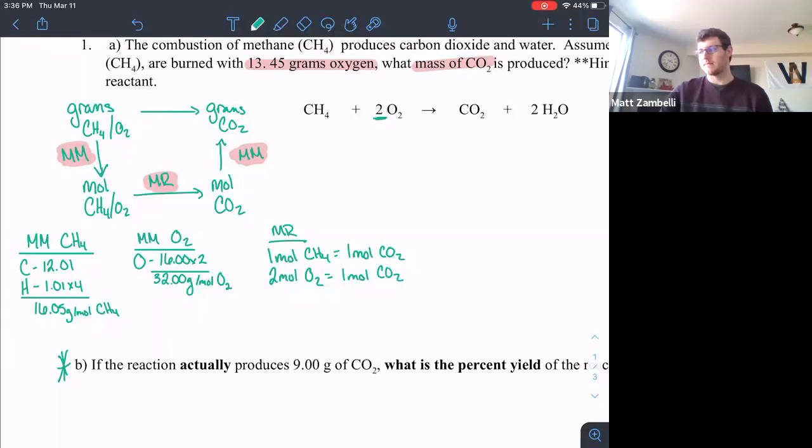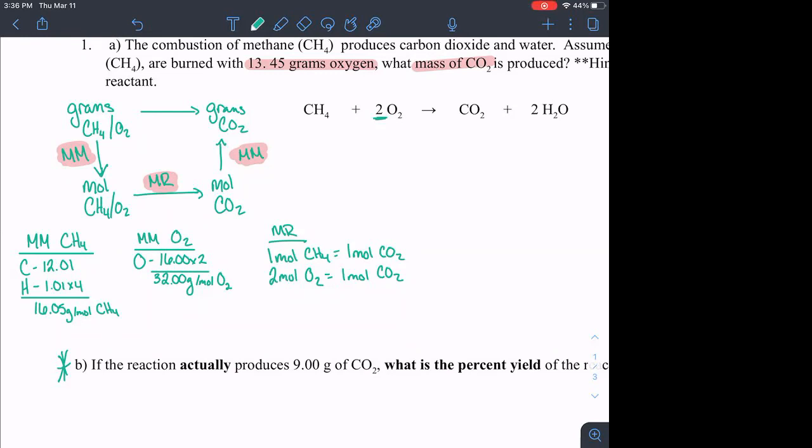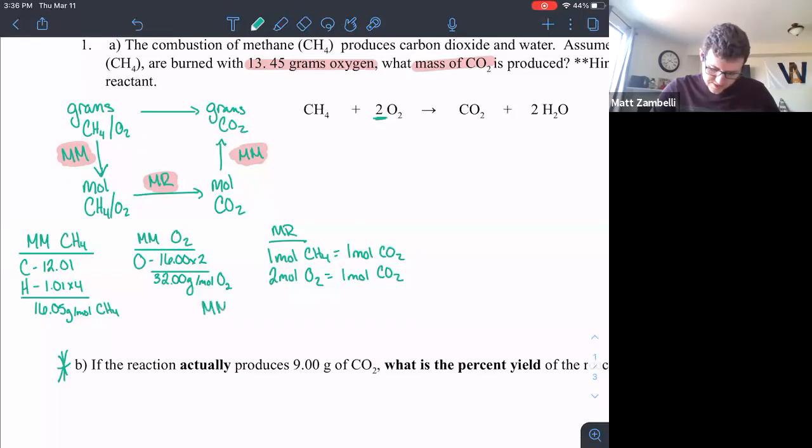All right. So we have our mole ratios, we have our molar masses. Do we need anything else? We need the molar mass of CO2. We also need the molar mass of CO2.